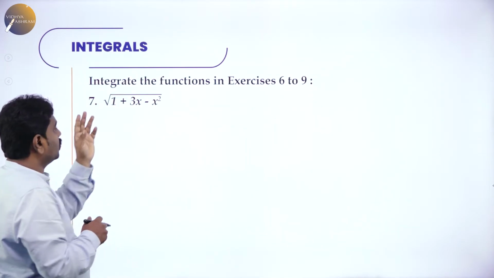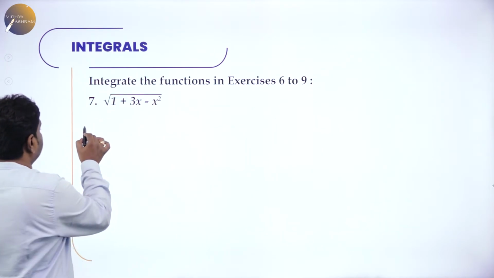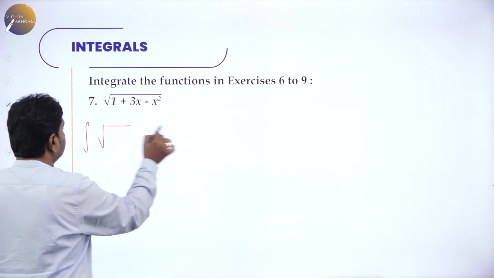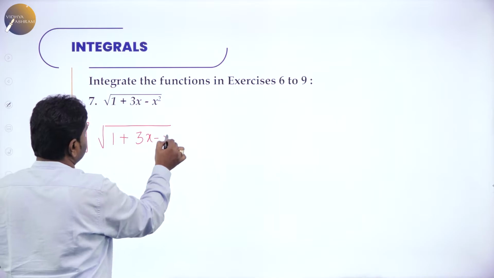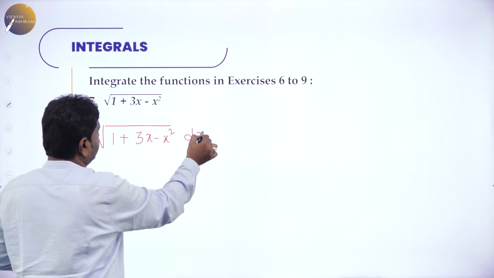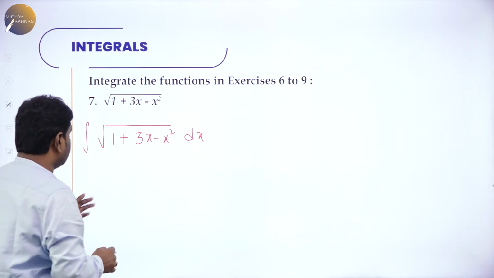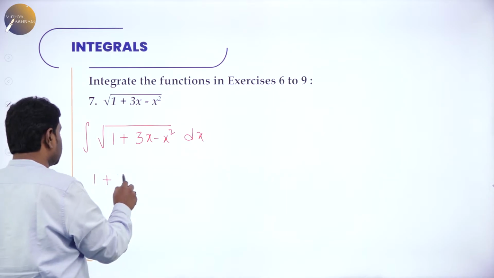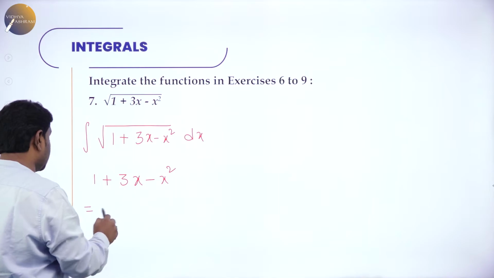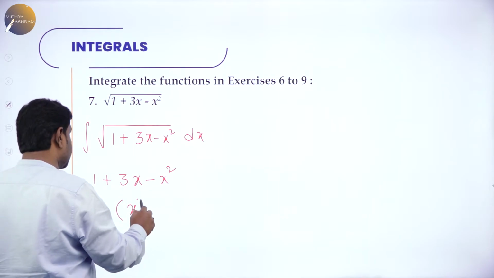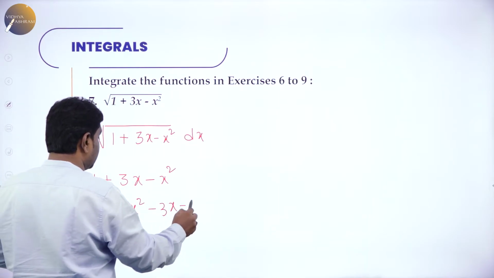Next we have integration of root of 1 plus 3x minus x square dx. They want you to integrate this. Again, take the quadratic expression, that is 1 plus 3x minus x square. Take minus common. So x square will become positive, minus 3x minus 1.